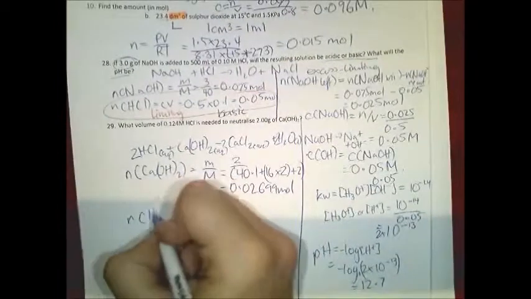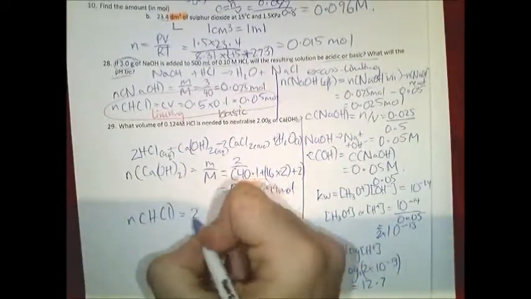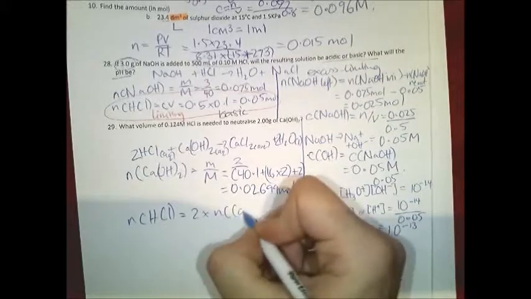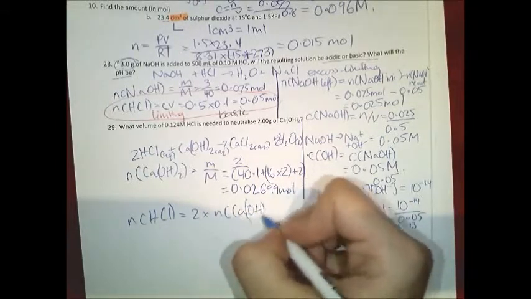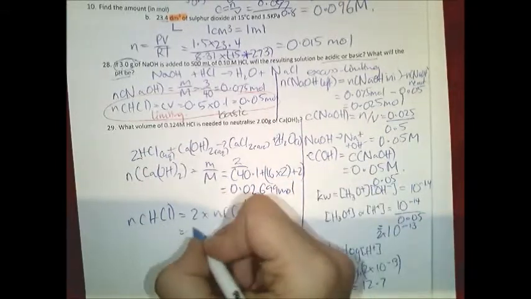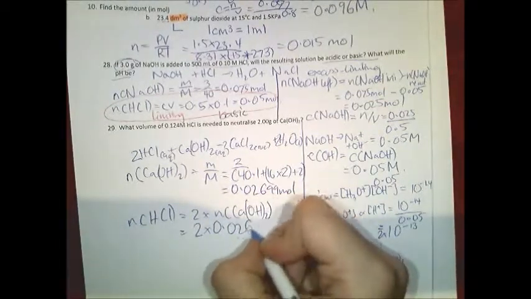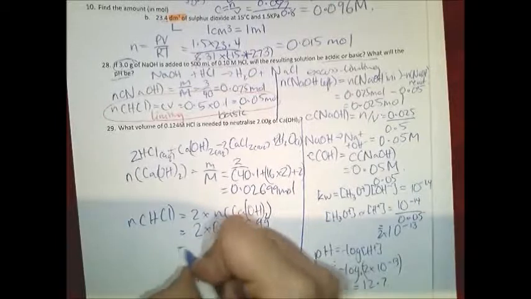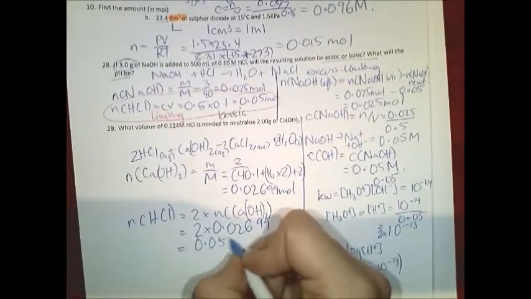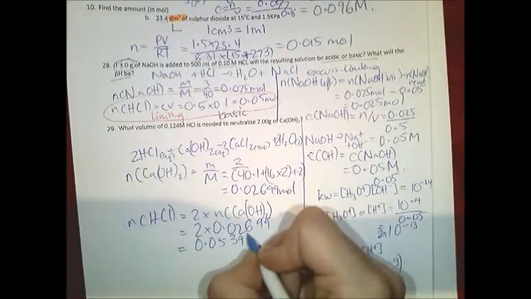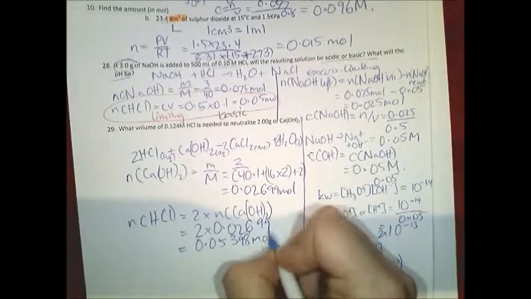The moles of HCl equals 2 times the moles of calcium hydroxide equals 2 times 0.02699, 0.05398 mole.